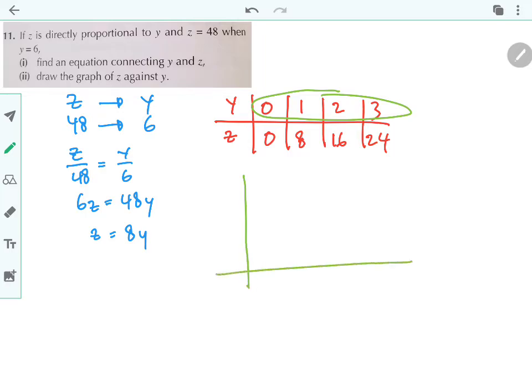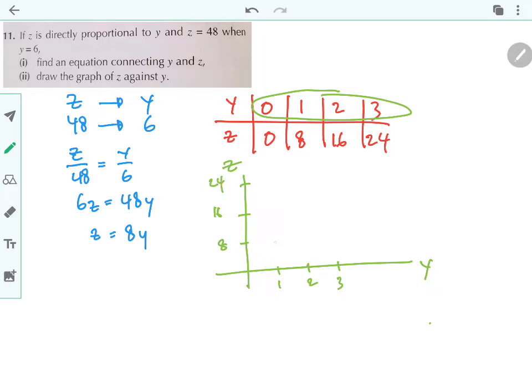Okay, now what do I need to do? Because it's z against y, just like what we learned before, z must be in the vertical axis, and y for the horizontal axis. Okay, so it's 1, 2, 3. I'm going to use multiplication of 8 here, so 8, 16, 24.